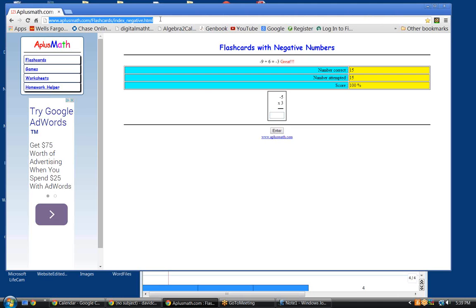Let me do this. I'm going to copy and paste this link into the chat window. There, you see it in your chat window? No. Oh, you may need to open up your GoToMeeting window panel. Click on that orange arrow.